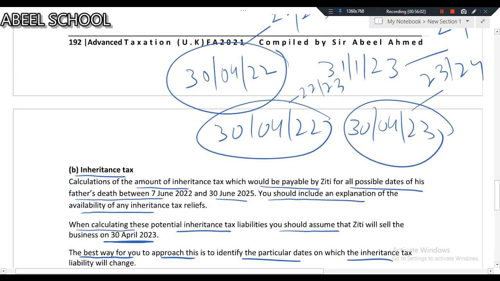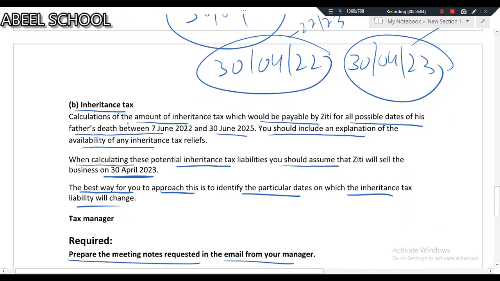Inheritance gives us 9 marks. Calculate the amount of inheritance tax which would be payable by Ziti for all possible dates of his father's death between 7th June 2022 and 30th June 2025. You should include an explanation of the availability of any inheritance tax relief.